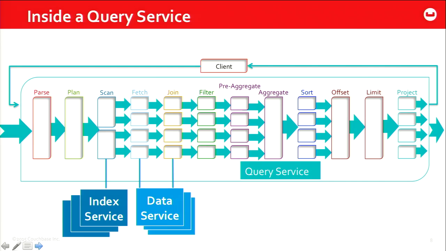Once we create the plan, for each query, there could be one or more indices that we use to evaluate the query. That's the index scan, and we request those index scans to be executed in parallel. That's what you see here. And then that will be followed by fetch, joins, and so forth.